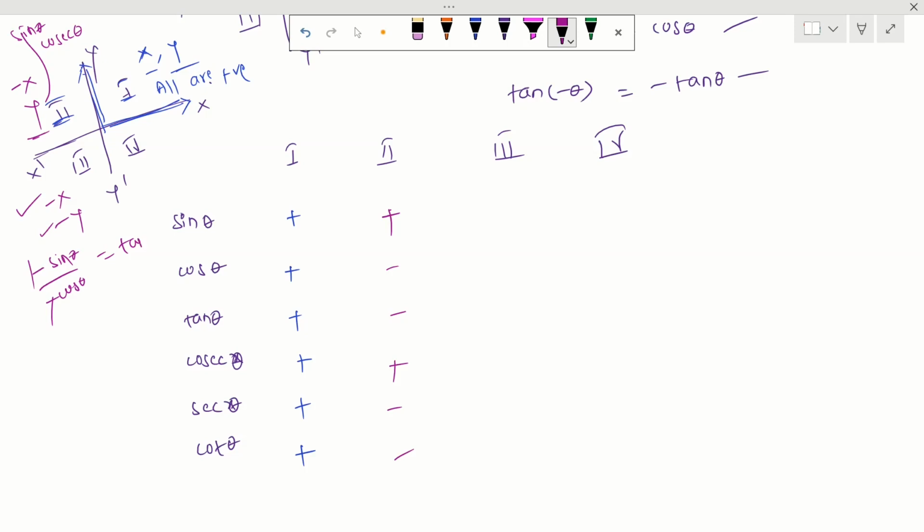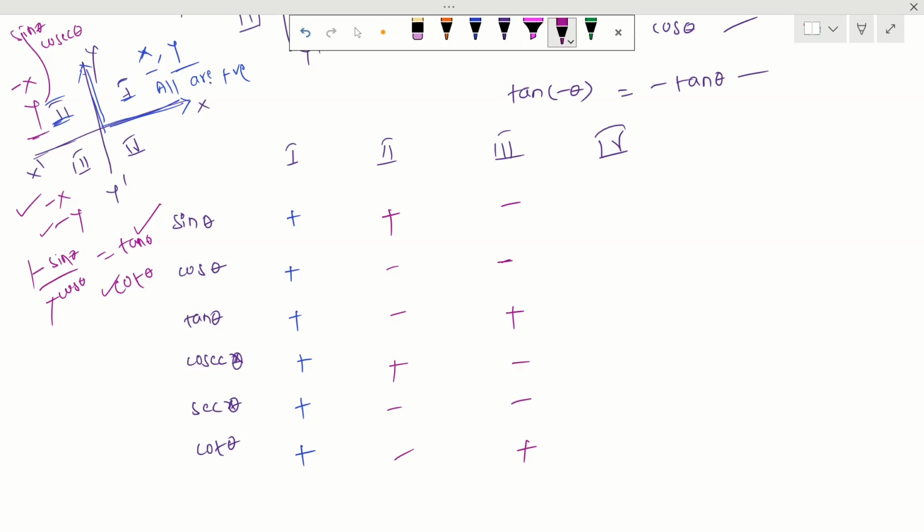It is positive tan theta. If tan theta is positive, the reciprocal of tan theta is cot theta. So cot theta and tan theta are positive and the remaining are negative.